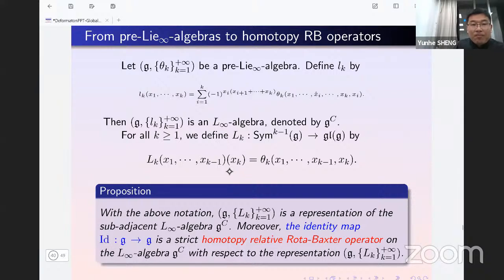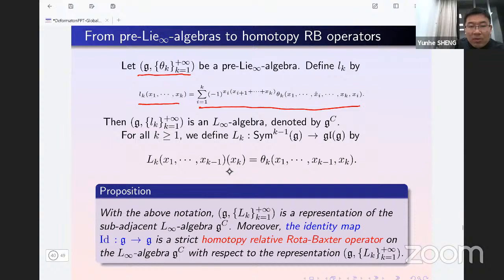And then, given a pre-Lie infinity algebra (G, theta_k), we can define l_k by this formula. It is some kind of summation over some permutations. Then (G, l_k) is an L infinity algebra denoted by G^C, which is called the sub-adjacent L infinity algebra.